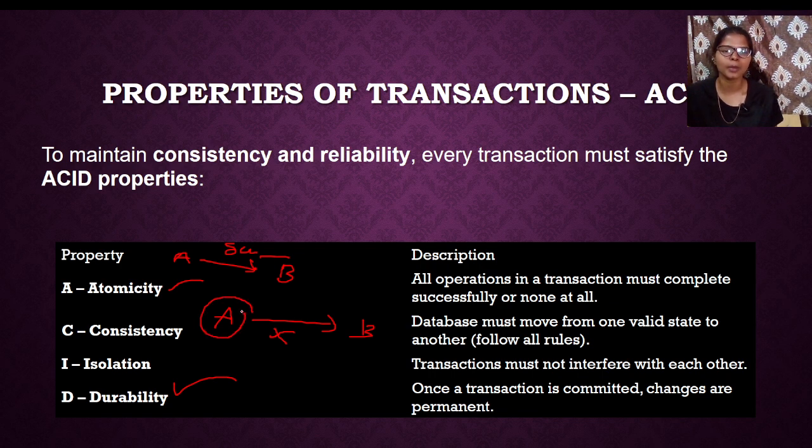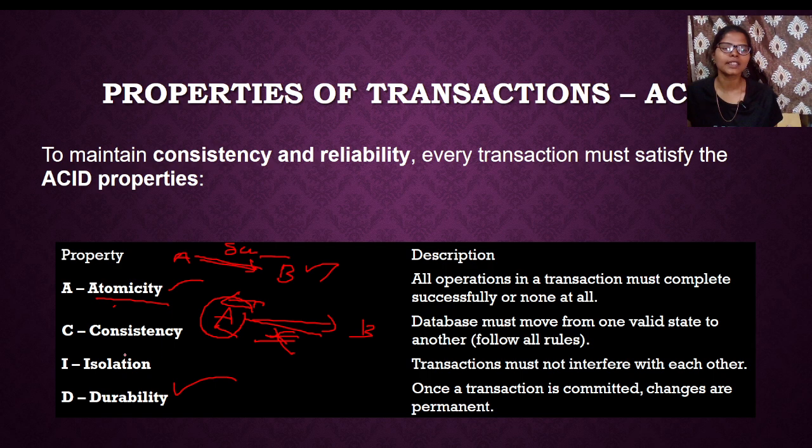This is called atomicity. Either it is successful, or else your amount should return to your original account. Nothing will happen. Either complete or not at all. So either it will be in B's account or else in A's account. That comes under atomicity.